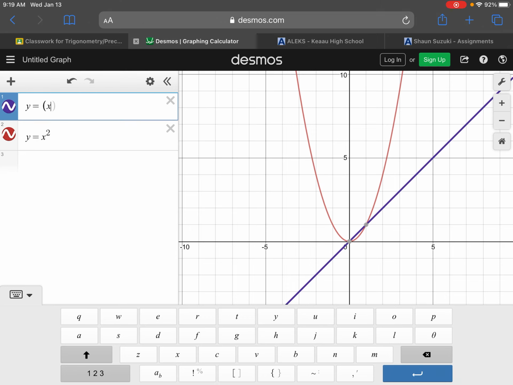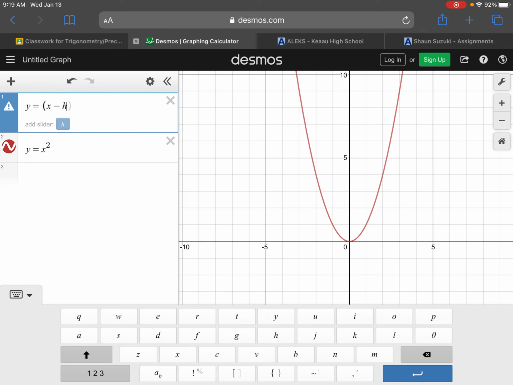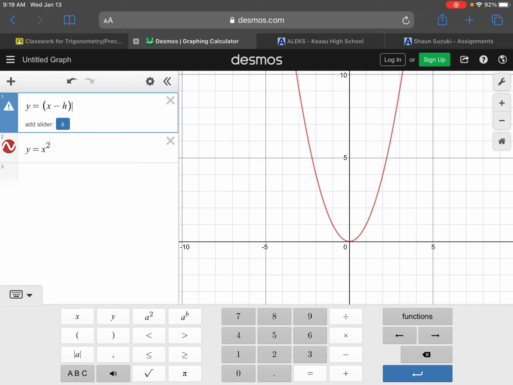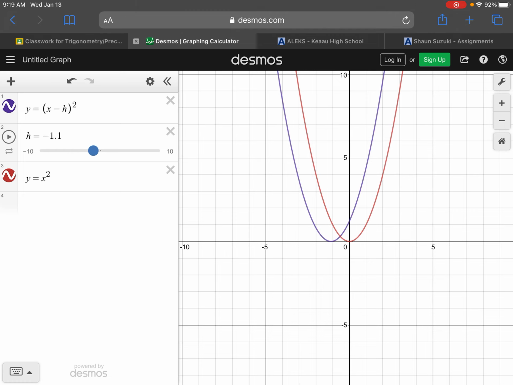Be careful there, it makes a big difference. We're going to add a slider to that. Let's say h is 0. If h is 0, there's no change in there. x minus 0 is still x. So we should be overlapping. It's not cooperating.